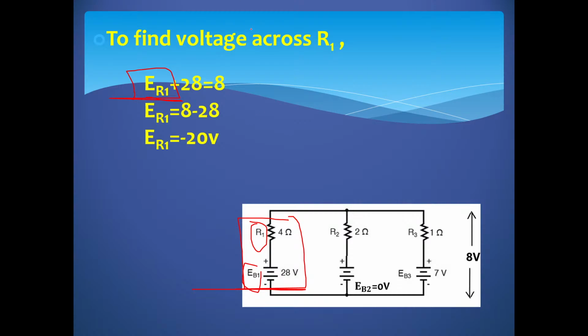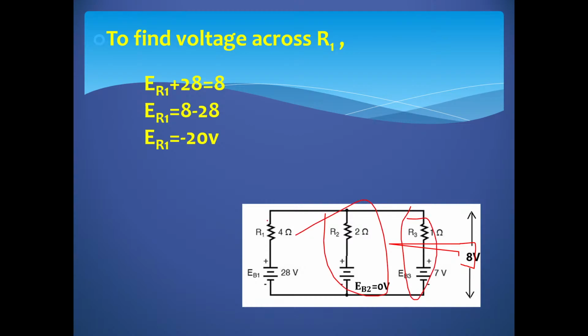So I might write here ER1. Voltage across R1 is ER1. So what is the total voltage? The equivalent voltage that we have obtained is 8. These are the parallel branches, this branch and this branch, these three are the parallel branches. Therefore 8 is the equivalent voltage, isn't it?